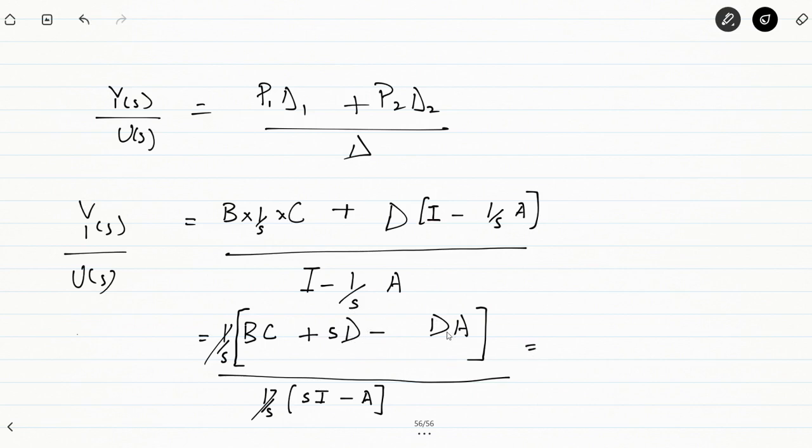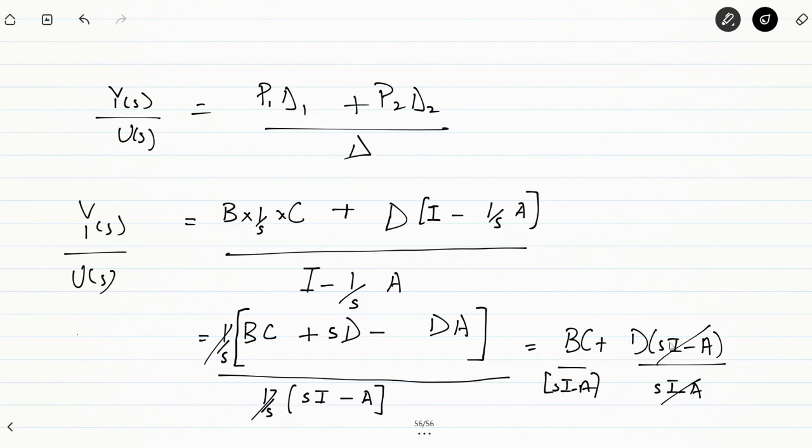So if we take d common from here, this will be si minus a. This is bc plus d times si minus a, divided by si minus a. So this and this cancel. So ys by us is actually bc divided by si minus a plus d.